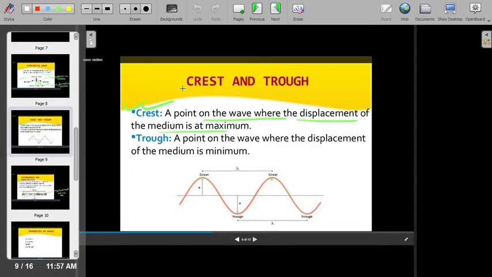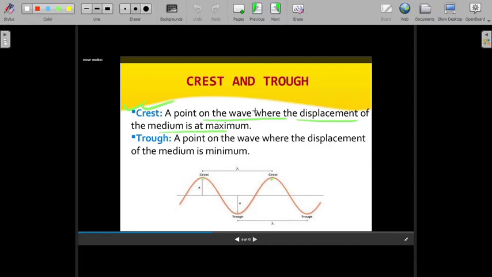A crest is a point of the wave where the displacement of the medium is maximum. So what is a trough? A point on the wave where the displacement of the medium is minimum.